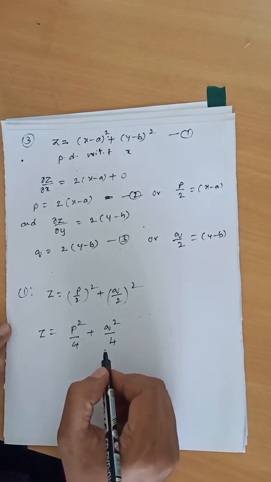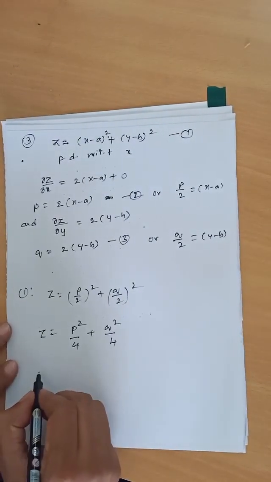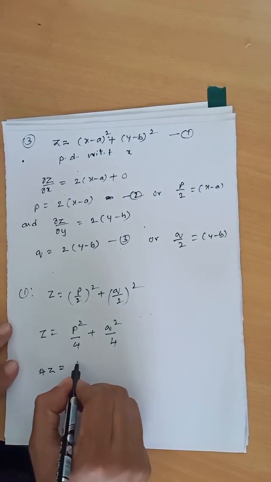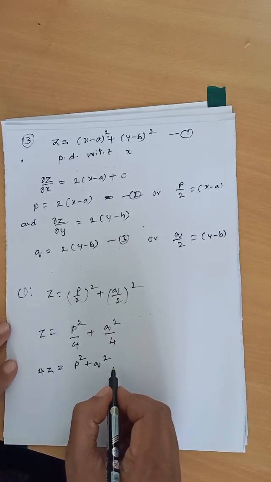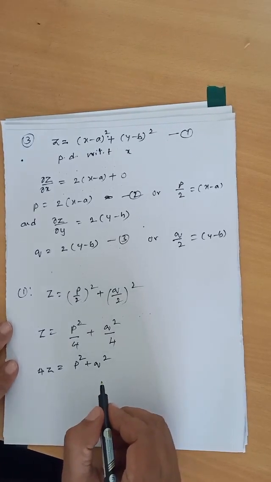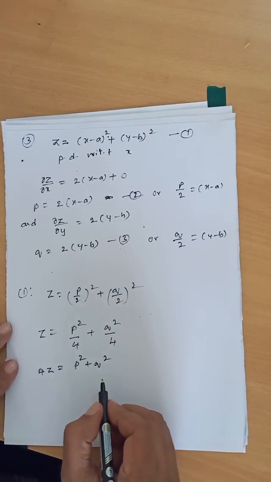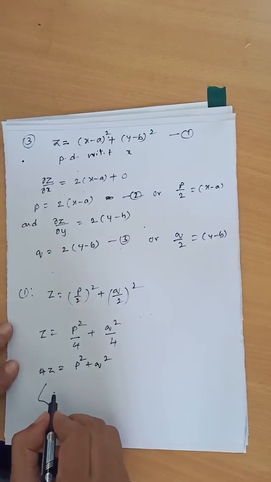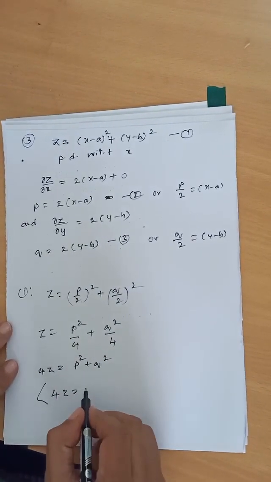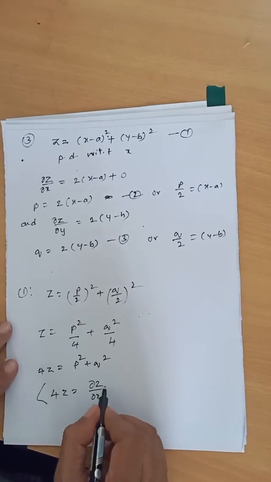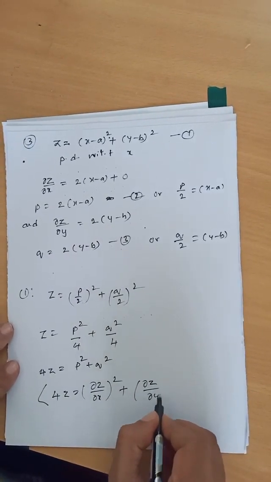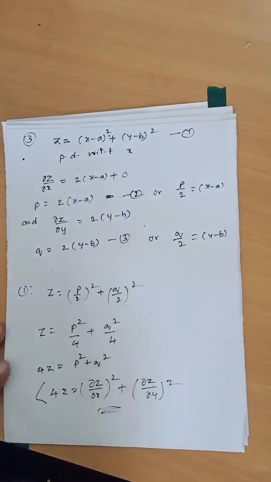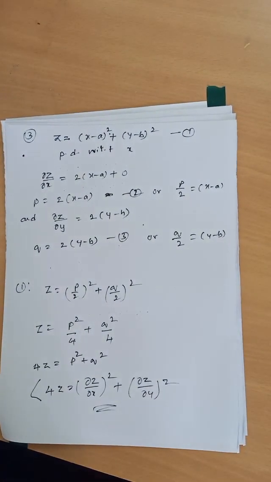Otherwise, 4z is equal to p square plus q square, which is the required partial differential equation by eliminating arbitrary constant. Or you write 4z equals dou z by dou x whole square plus dou z by dou y whole square, the required partial differential equation.